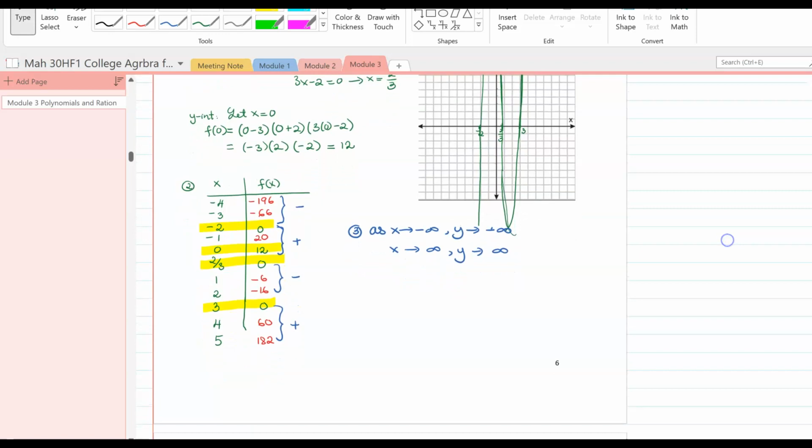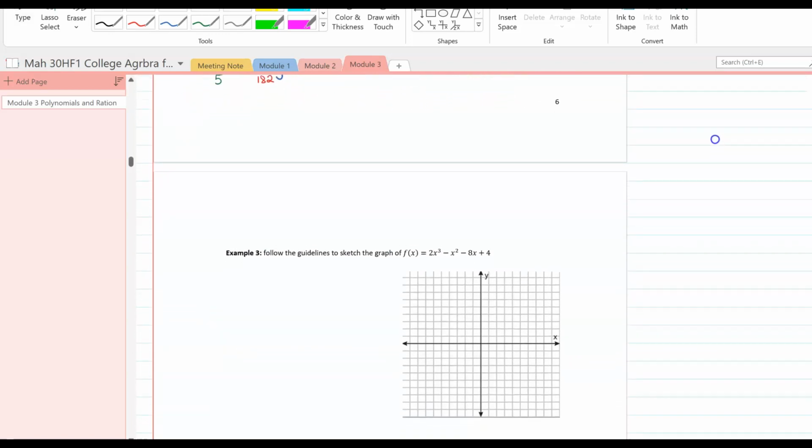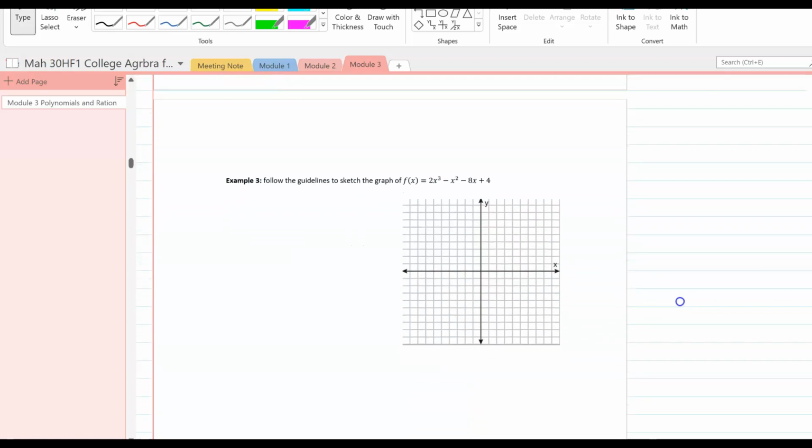Let's try this again. So follow the guideline to get the graph of f of x equals 2x to the third minus x squared minus 8x plus 4. The first thing is to find the x- and y-intercepts. So f of x equal to 0 would mean 2x to the third minus x squared minus 8x plus 4 equals 0.